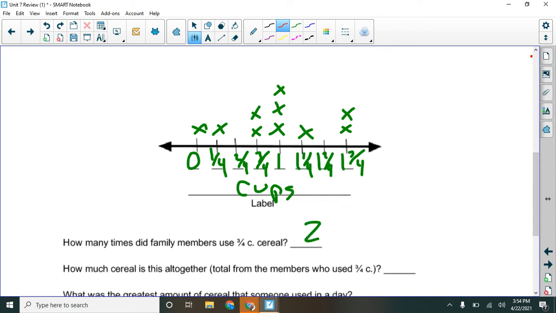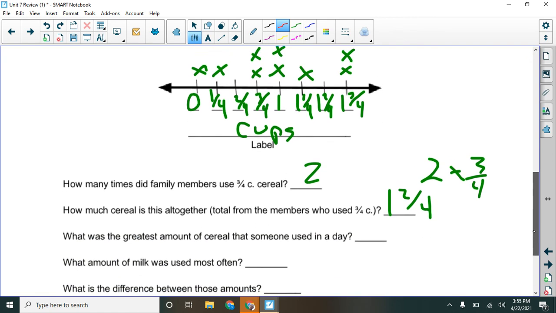How much cereal is this all together, right? So 2 times 3/4. How much cereal? You should have said 1 2/4 or 1 1/2. Right? If you said 6/4, that's kind of right. It's an improper fraction. We can start changing those.